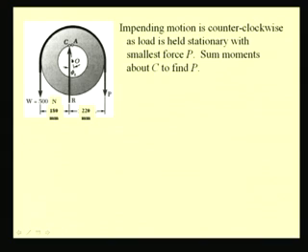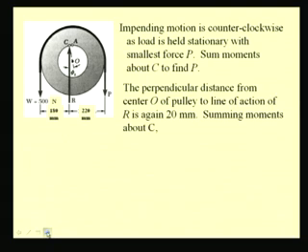So we see that the moment arm for this weight W is 180 mm and for this force P as 220 mm. So now we sum the moments with respect to C in order to find this force P required to hold this weight.